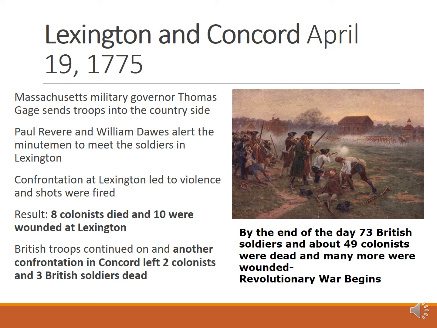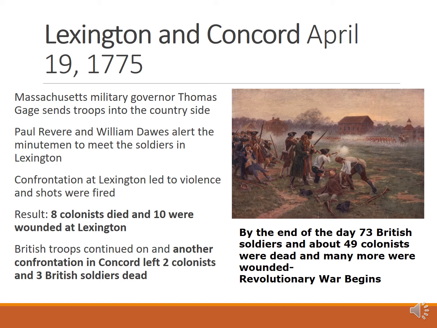And so basically, what happens is you've got this military governor, Thomas Gage, and he sends these troops out into the countryside. About 700 British soldiers are sent out into the countryside to raid this munitions and arms storage in Concord. The colonists had this alarm system that they had organized.